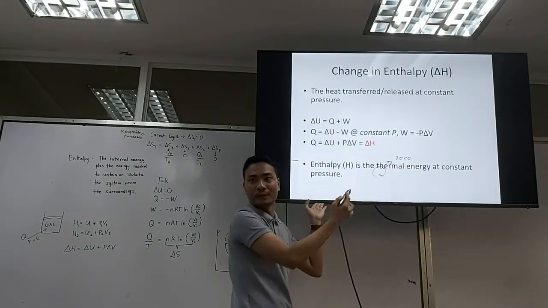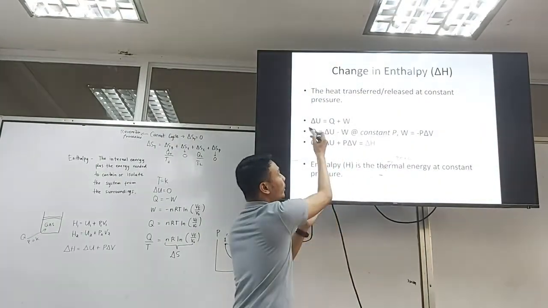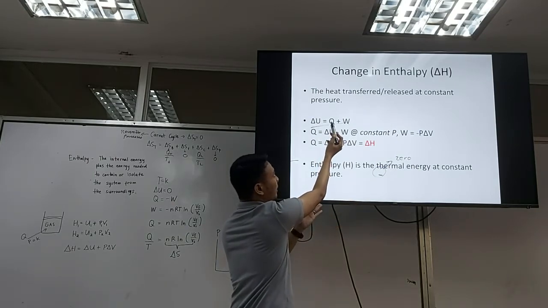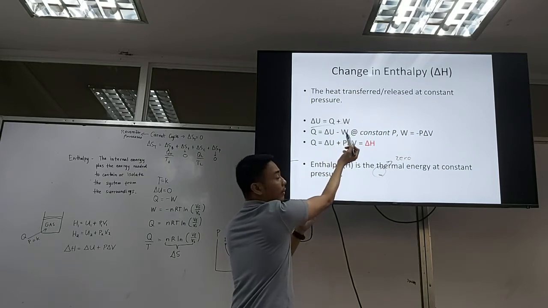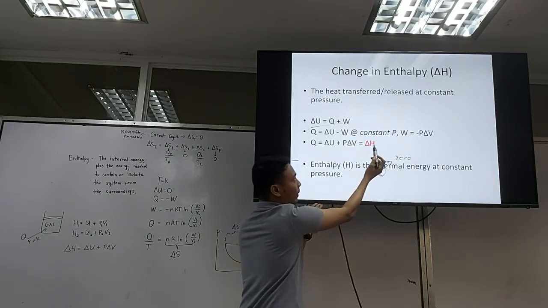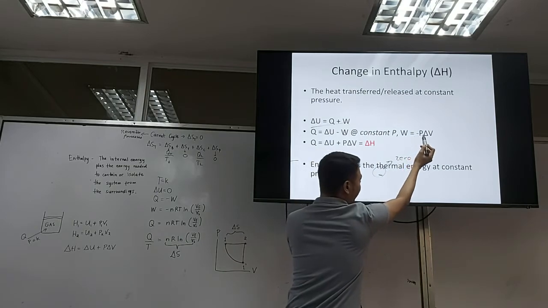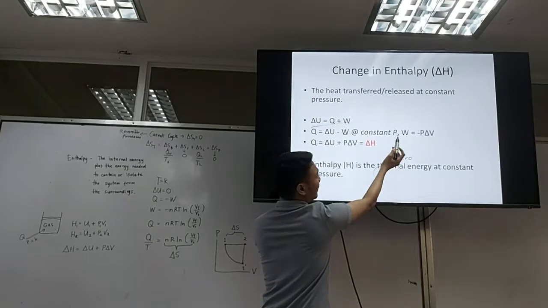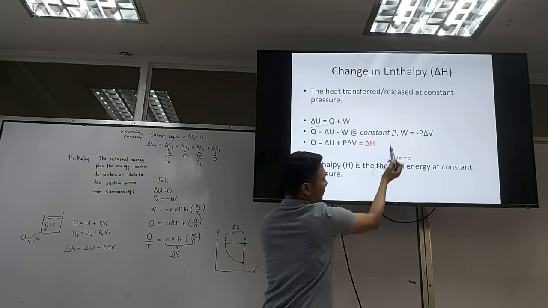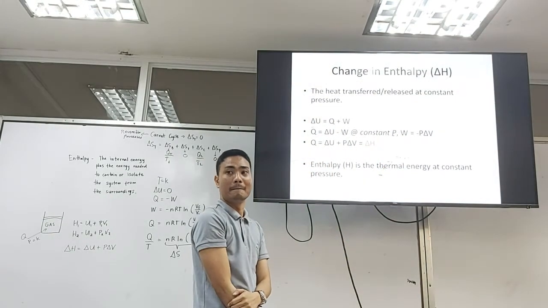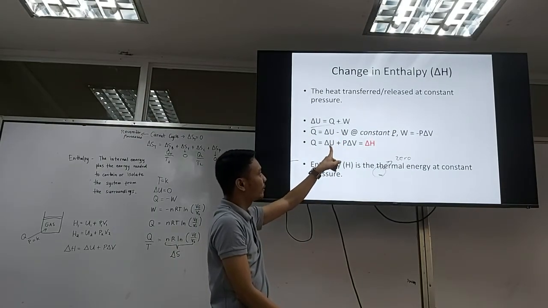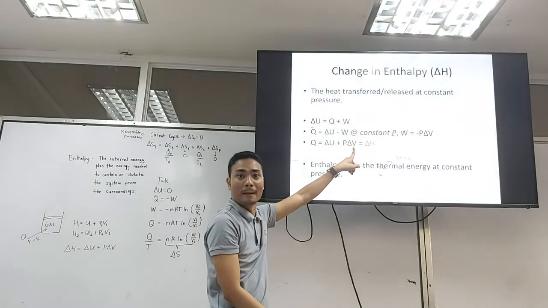Ang delta U ba doon equal to 0? Isobaric? Hindi. So, buo yung equation natin, di ba? So, kung kukunin natin yung Q, magiging ano? Delta U minus W. And we all know that W is negative P delta V, di ba? At constant pressure. So if that's the case, then Q is equal to delta U plus P delta V.